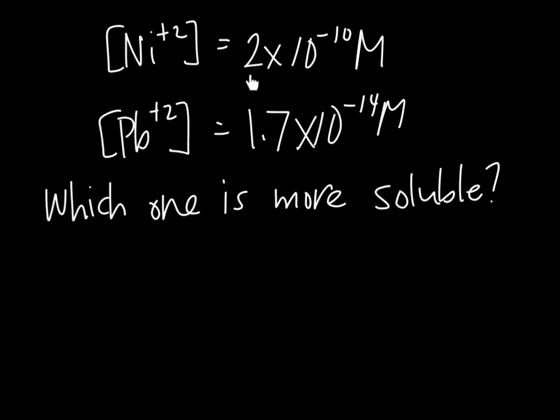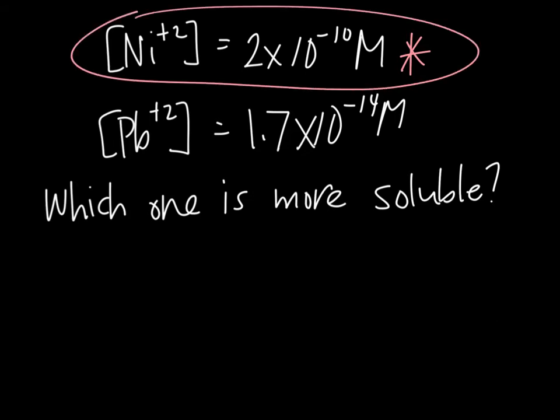So take a look at their concentrations. 2 times 10 to the negative 10, and this is to the negative 14. Well, which one is a higher concentration, negative 10 or negative 14? Negative 10, right? That one's a higher concentration. So the nickel is the one that is more soluble.